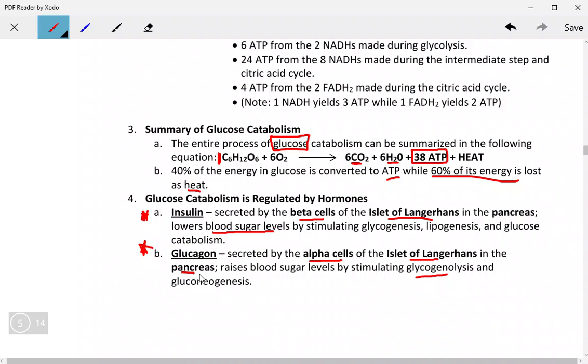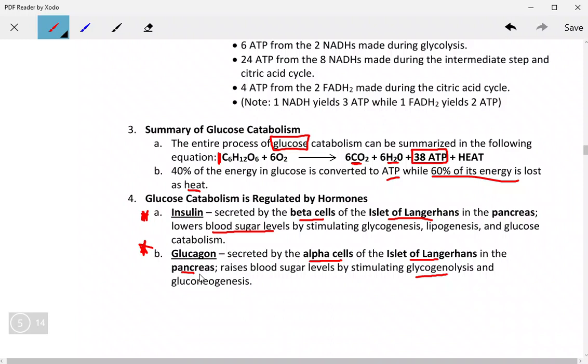Release the glucose from glycogen, because glycogen is actually a major polysaccharide made of what? Many units, chains of glucose. So now the liver and the skeletal muscles can break down glycogen to release glucose into the blood, and this will help to raise your blood sugar levels back to a normal range.